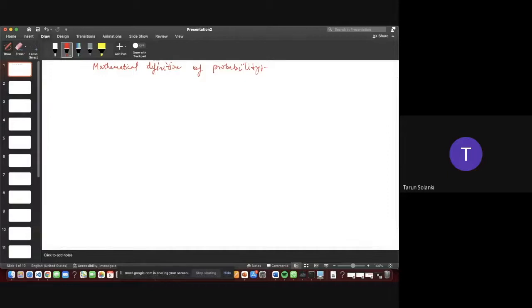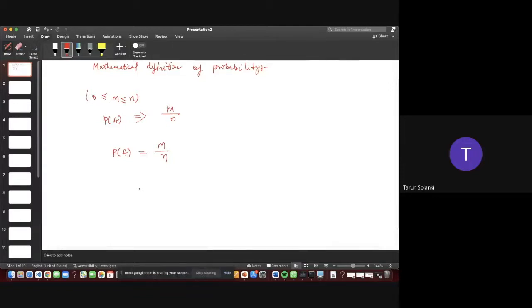If an event A consists of m sample points, where 0 is less than m is less than n, then the probability of event A is denoted by P of A and is defined to be m by n. That is, P(A) equals m by n.